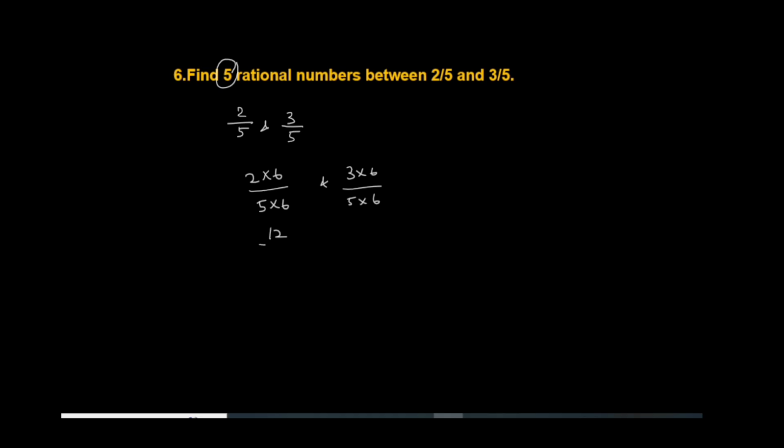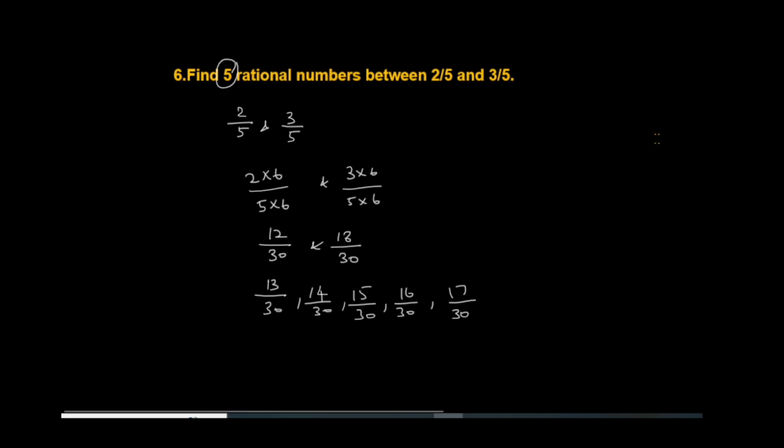So 12 by 30 and 18 by 30. So in between I can get 13 by 30, 14 by 30, 15 by 30, 16 by 30, 17 by 30. So exactly 5 rational numbers in between 2 by 5 and 3 by 5.